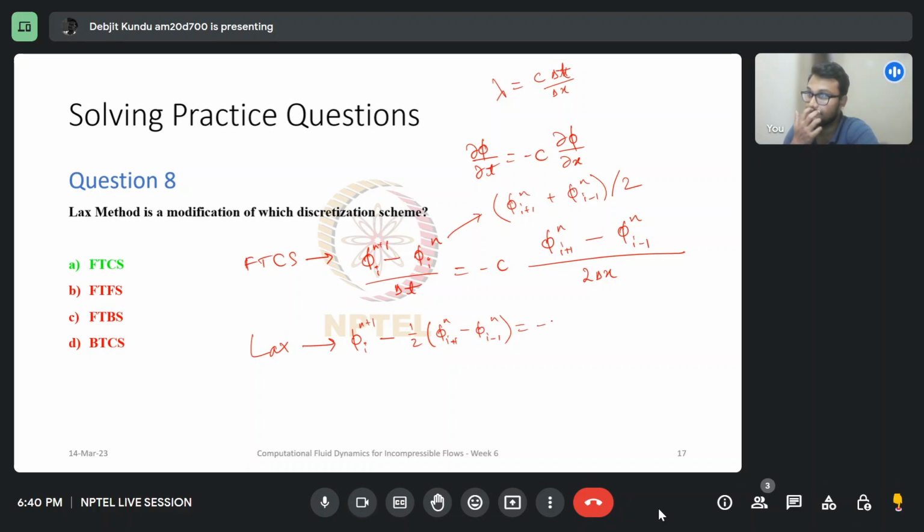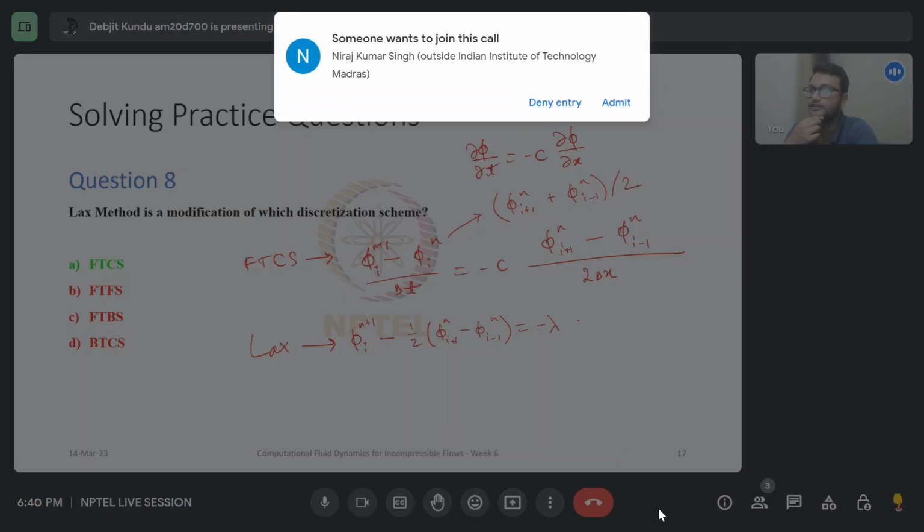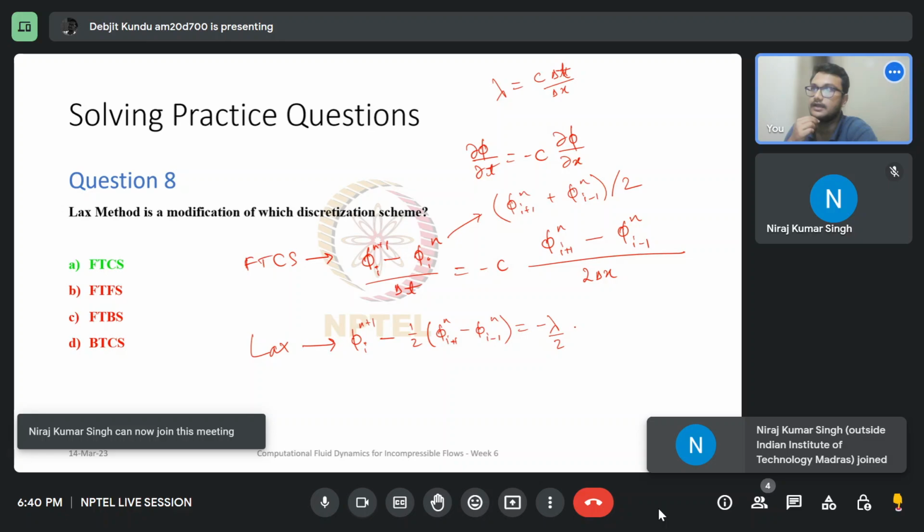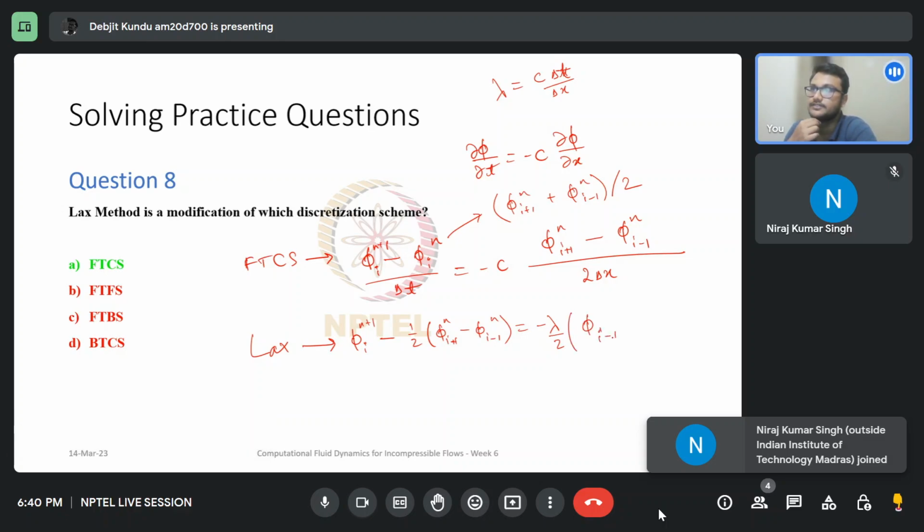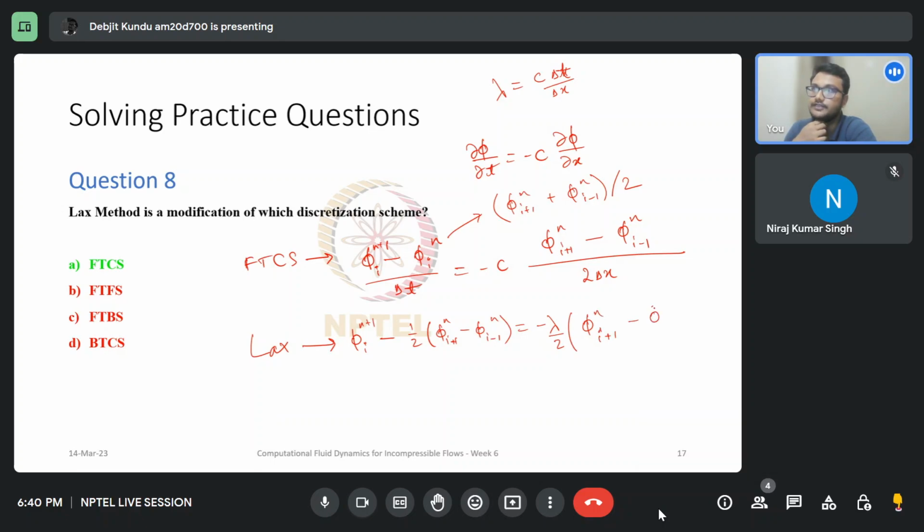That way we will have minus lambda by 2 times phi I plus 1 n minus phi I minus 1 n, and if we simplify this further, it will give us this explicit scheme with only one unknown on this side.